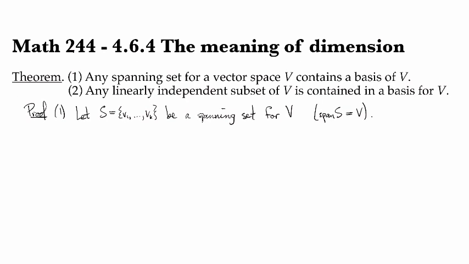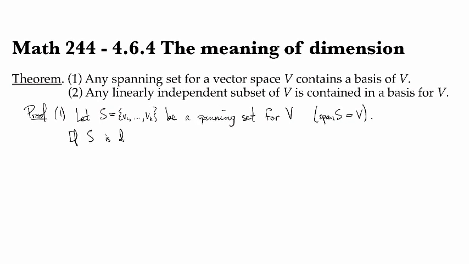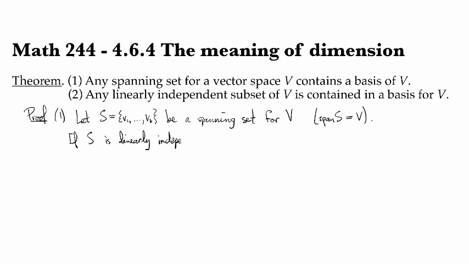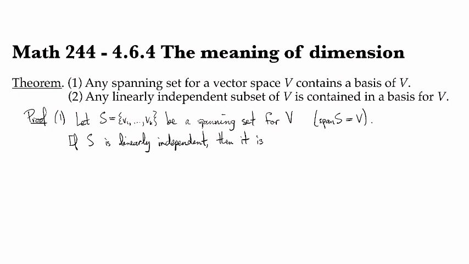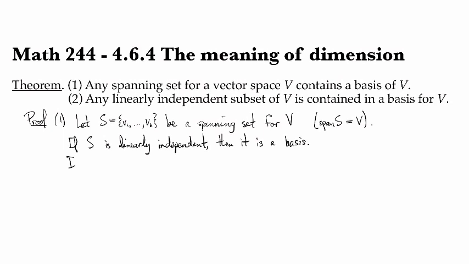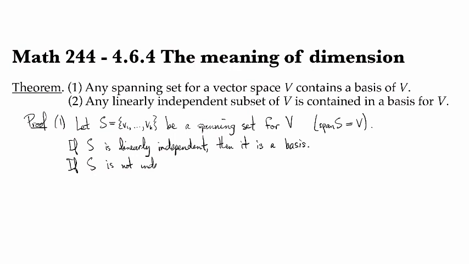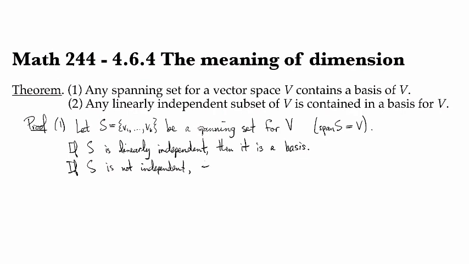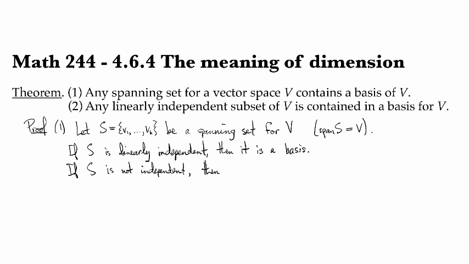Okay. So if S is linearly independent, then it is a basis. If S is not independent, then one of its elements can be written as a linear combination of the others.